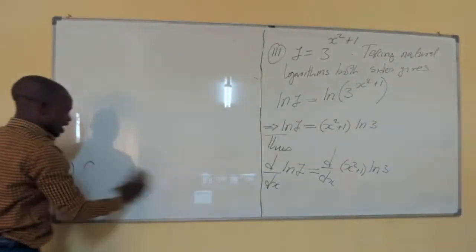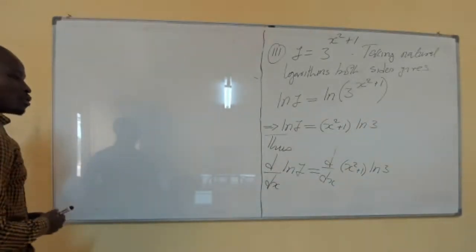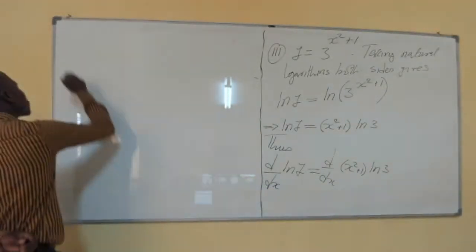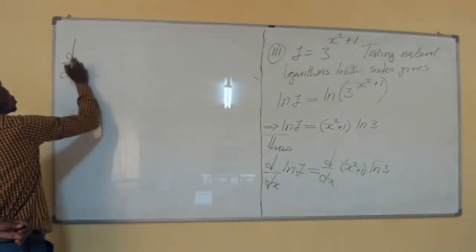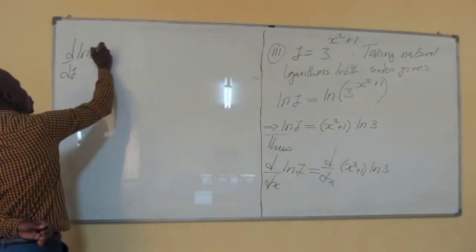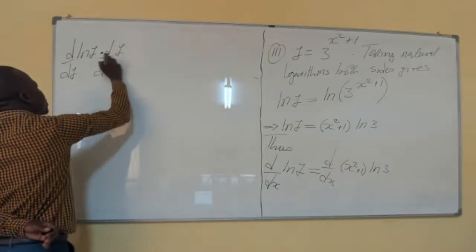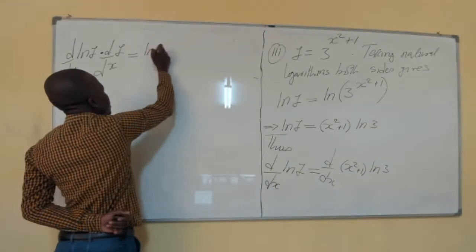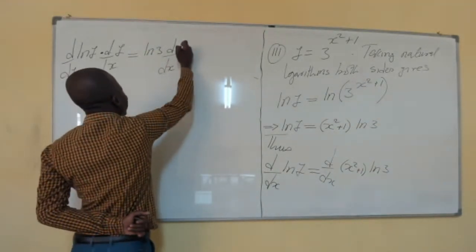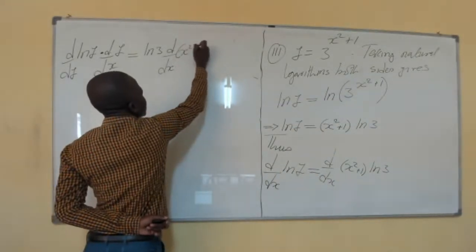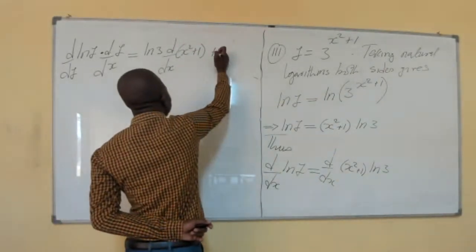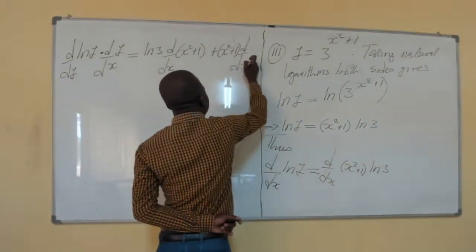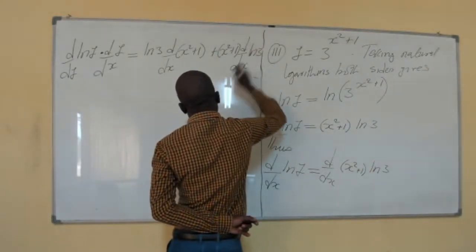So now, if we apply the product rule for differentiation on the right hand side and also the implicit differentiation rule on the left hand side, we have the derivative of ln of y with respect to y times the derivative of y with respect to x, which is equal to ln of 3 times the derivative with respect to x of x squared plus 1, plus x squared plus 1 multiplied by the derivative with respect to x of ln of 3.